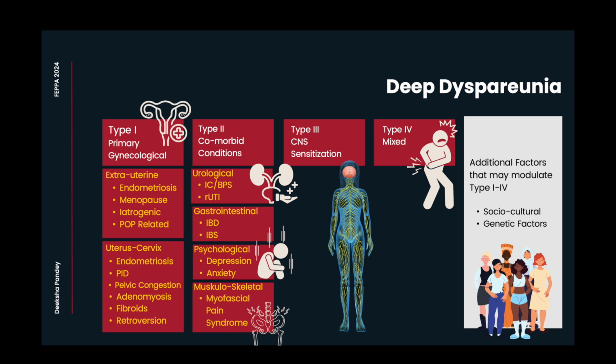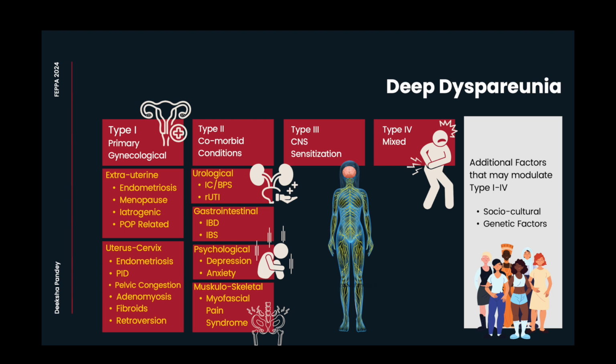Type 2 includes comorbid conditions, in which the common ones are urological, that is interstitial cystitis or bladder pain syndrome, recurrent UTIs, and GI causes which include IBD and IBS. Psychological causes like depression and anxiety can also cause deep dyspareunia, and myofascial pain syndrome as a musculoskeletal cause.